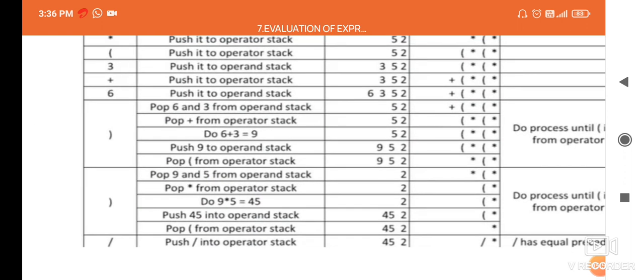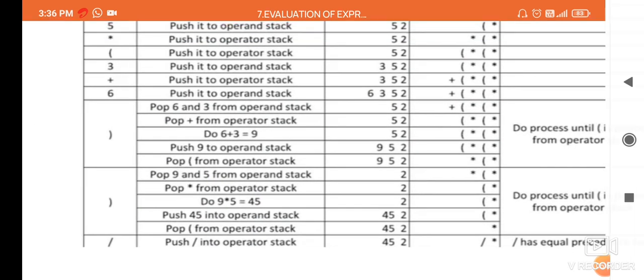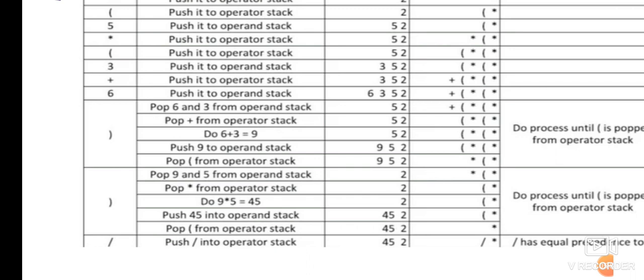The next one is a close parenthesis. So pop 9 and 5 from the operand stack, and pop star from the operator stack, right? So that is 9 into 5, using the star operator, which is equal to 45.